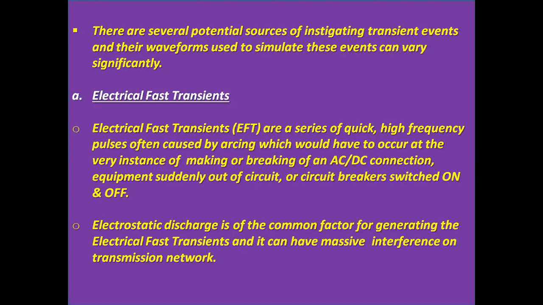Electrostatic discharge is a common factor for generating the electrical fast transients, and it can have massive interference on the transmission network.